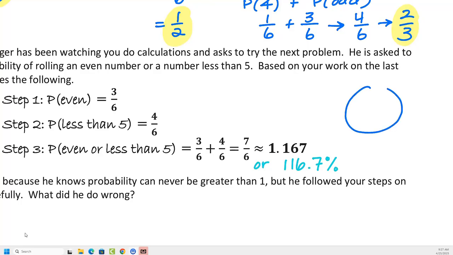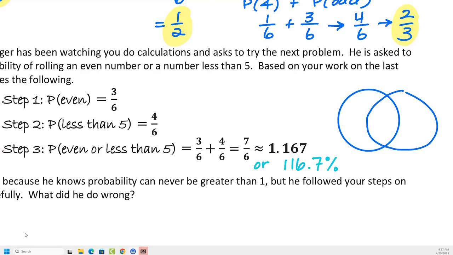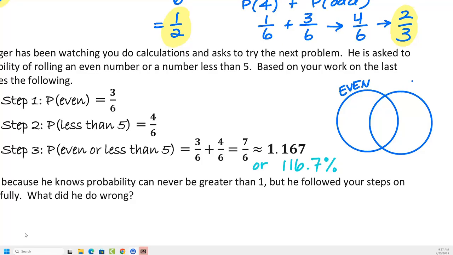So, circle, there we go. That looks about right. And so the one circle will be even, right? If it's in the circle, it's an even number. The first one, and the other one is that it is less than 5.